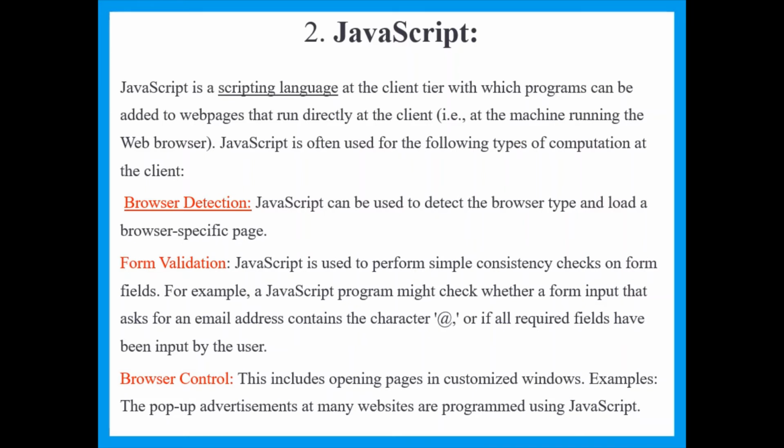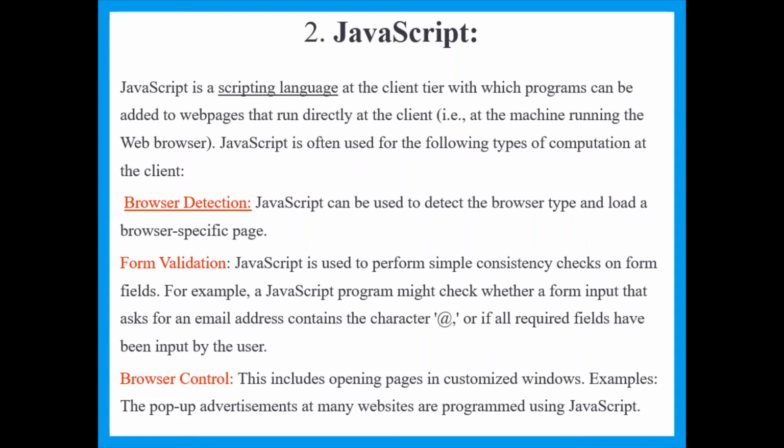JavaScript is often used for the following types of computation at the client. The first one is browser detection. JavaScript can be used to detect the browser type and load a browser specific page. The next one is form validation.